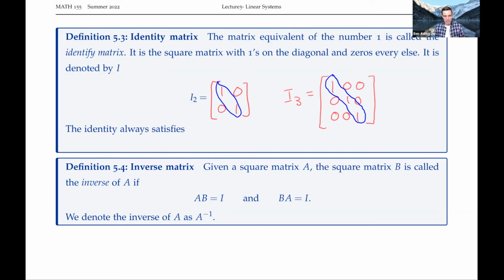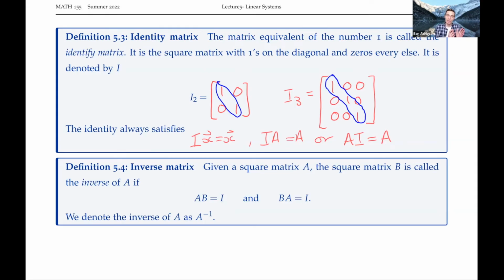Why does this matter, and what's the relationship with the inverse? Well, this identity matrix always satisfies I times x is equal to x for any vector x. It always satisfies as well I times A is equal to A, or A times I is equal to A. So whenever we multiply a vector on the left by the identity matrix, then we get the vector back again.